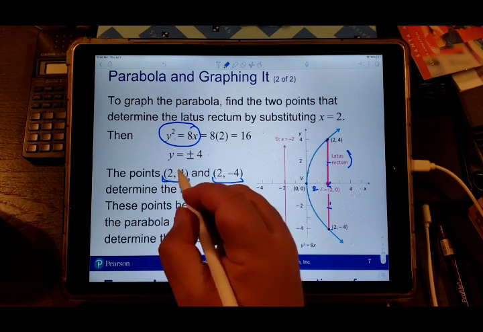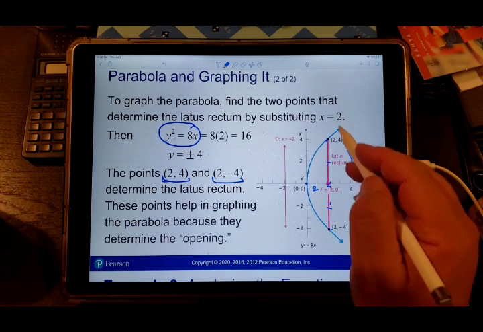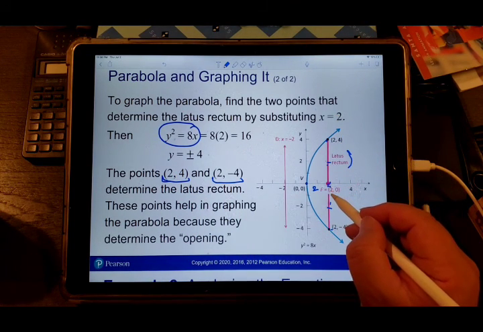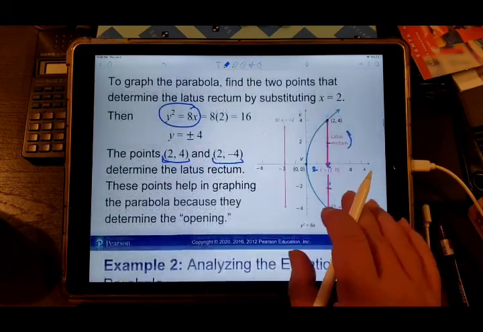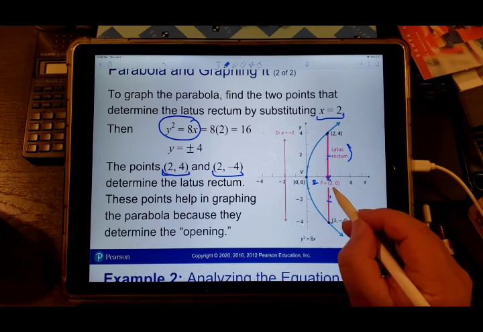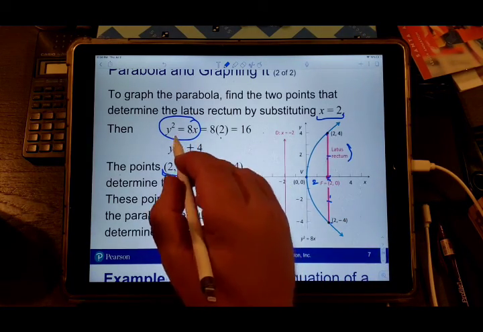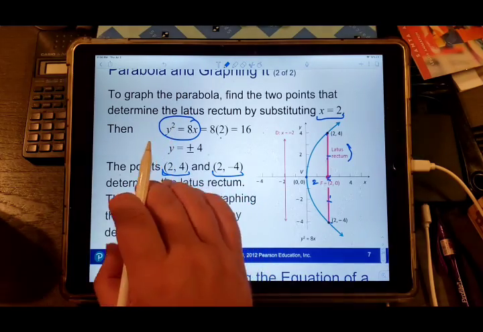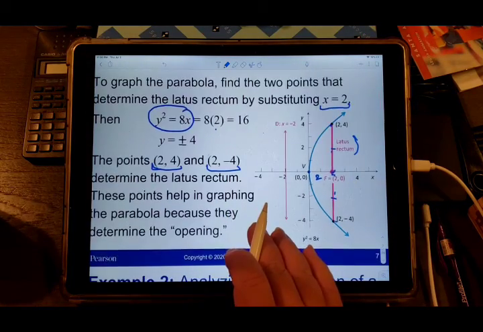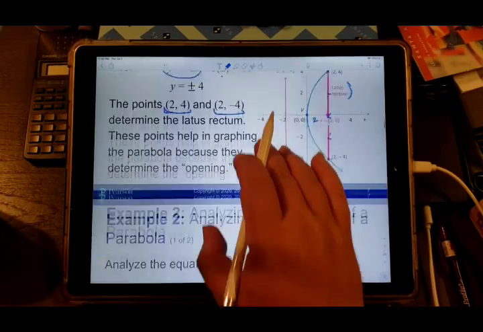What they're saying is, if you know the focus and x equals 2 for the focus, you can plug in 2 and solve. And so they're doing it more algebraically than geometrically. But it gives you that value.